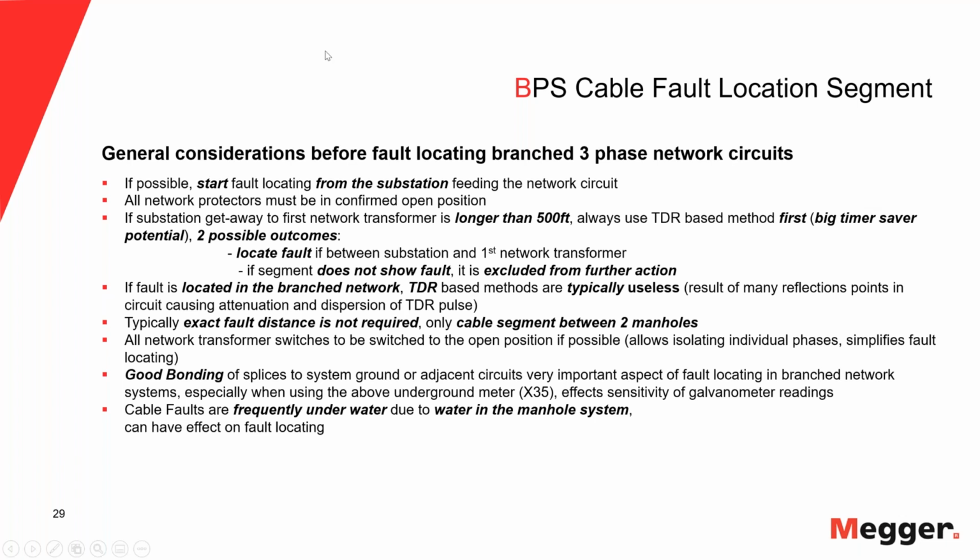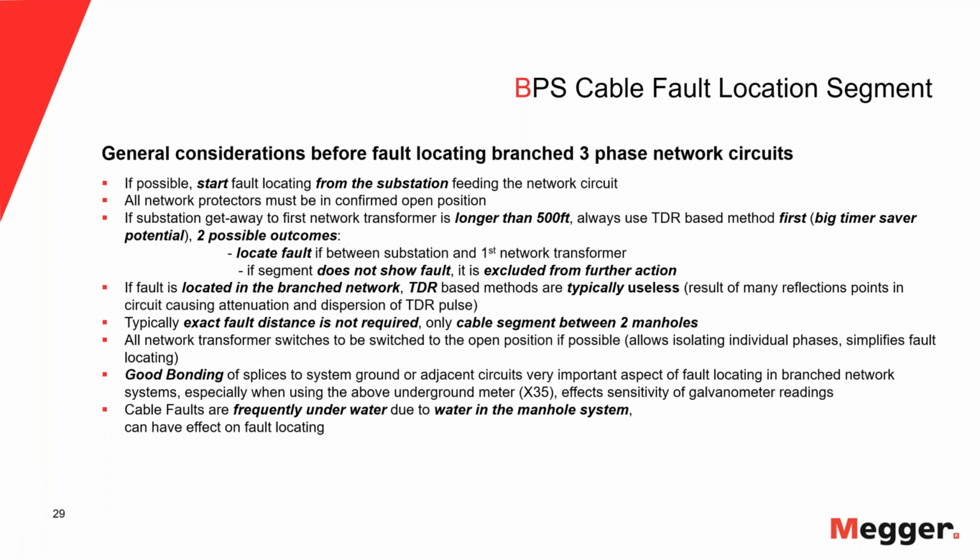So that's why typically we say in a branch network that the benefit of the TDR is very, very limited. I always say, maybe in 20% you're lucky, because if you just happen to have the fault pretty close to where your connection point is, you will see the fault. But this is not a method that is typically used.